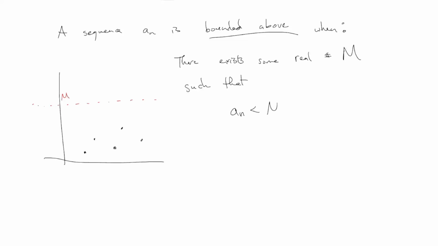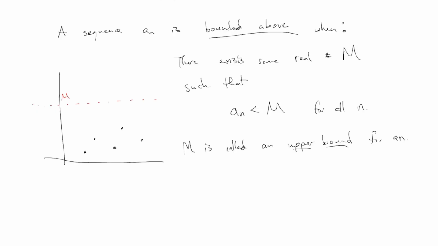In our book they write it this way: there exists some real number m such that a_n, the terms of the sequence, is less than or equal to m for all n. If that is true, then we say the sequence is bounded above. That is, there's some big number that's bigger than all of the terms. In this context, the number m is called an upper bound for a_n.